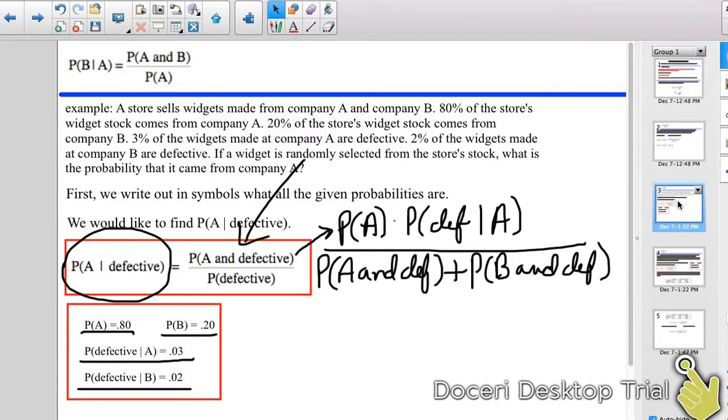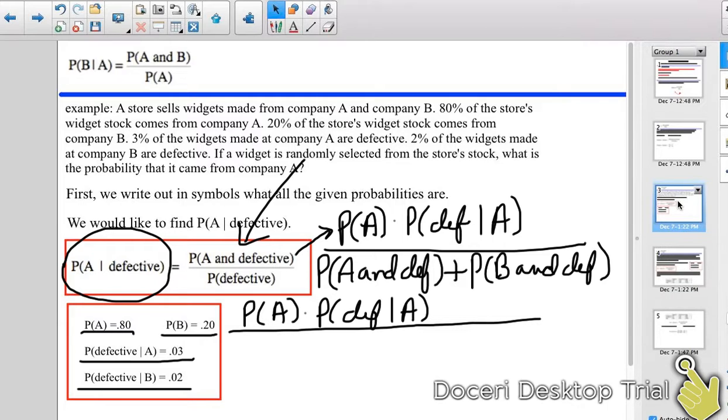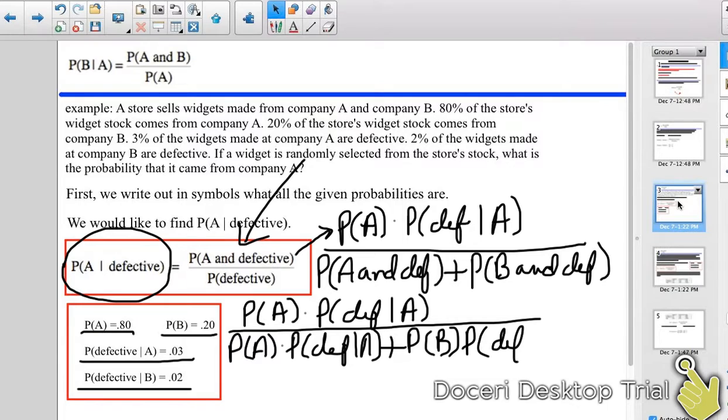We're going to break down the bottom even more. We'll leave the top as it is. The bottom will be broken down in a similar way. A and defective is probability of A times probability of defective given A. B and defective can be written as probability of B times probability of defective given B.